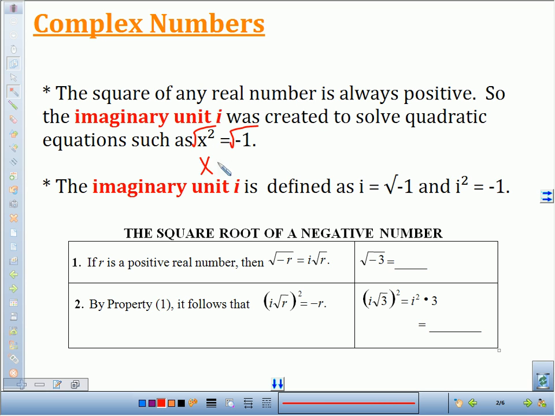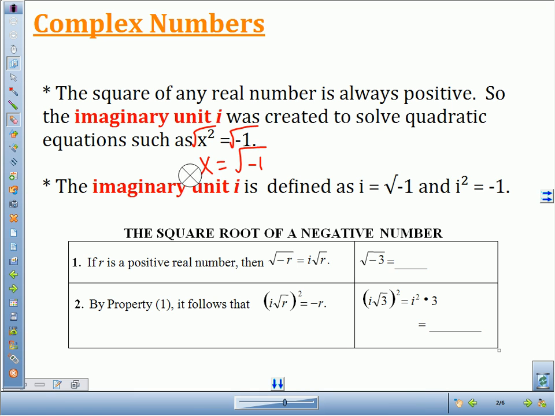When we do that, we cannot actually take the square root of negative 1, because there is no number I can multiply by itself to get negative 1. It doesn't exist. So, mathematicians, being the creative bunch that they are, invented the imaginary unit i.